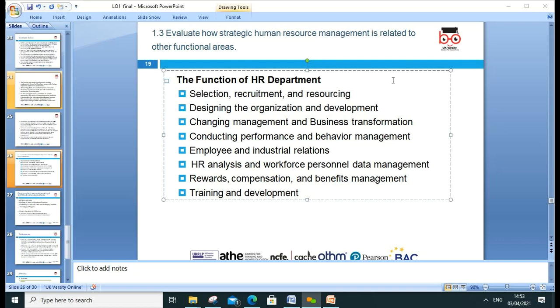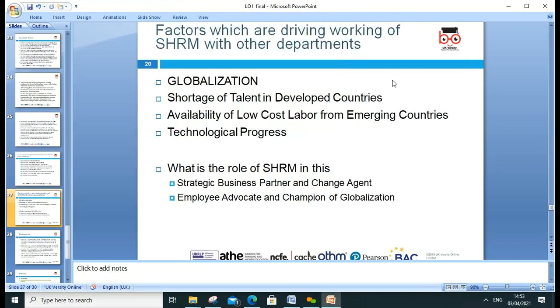Yes, so keeping your relations with the union good. HR analysis, workforce data management, reward and compensation systems, training and development systems are all crucial parts of an organization which companies are looking at.